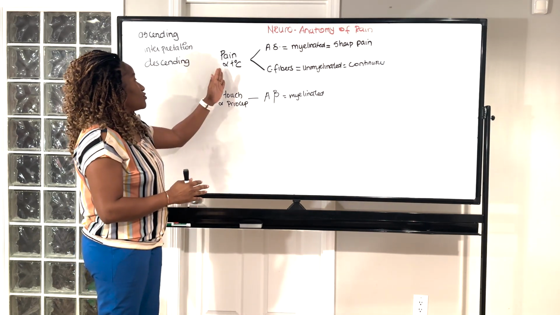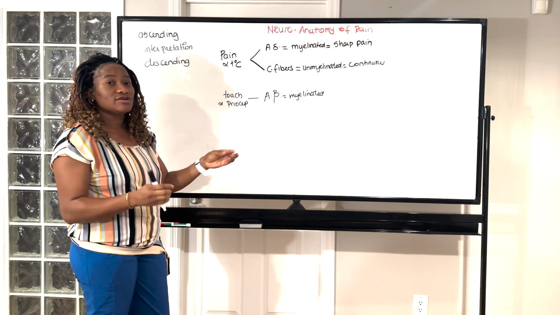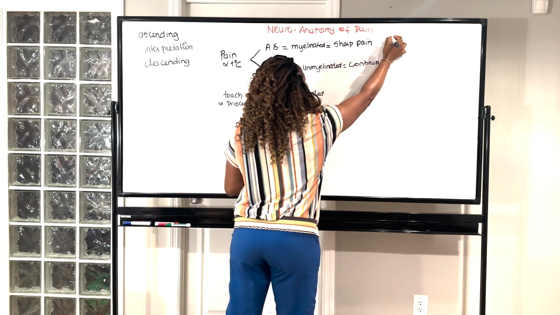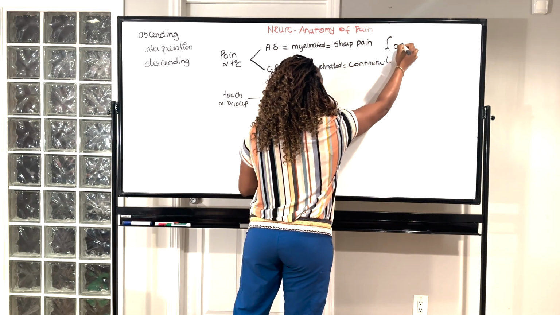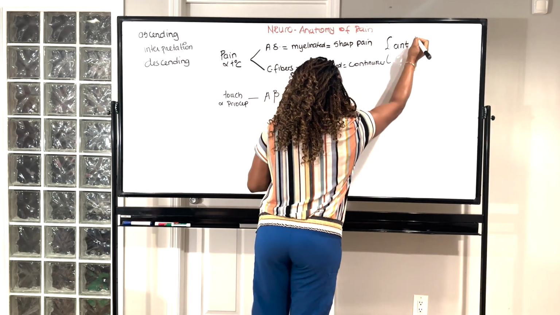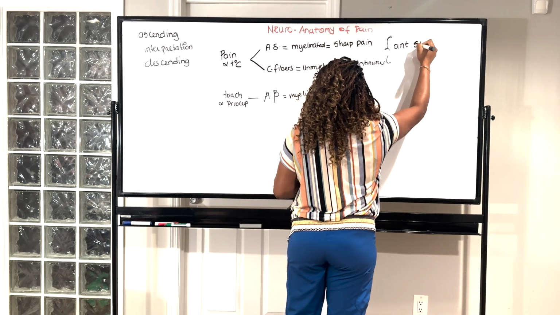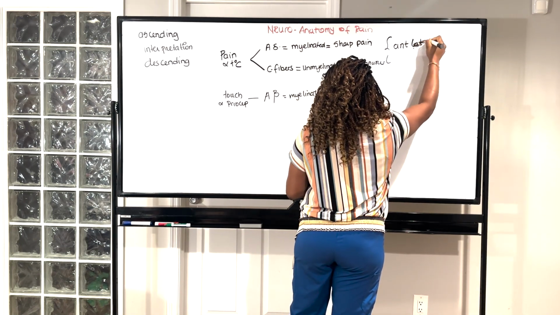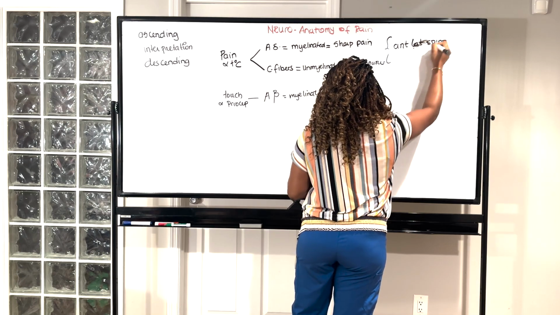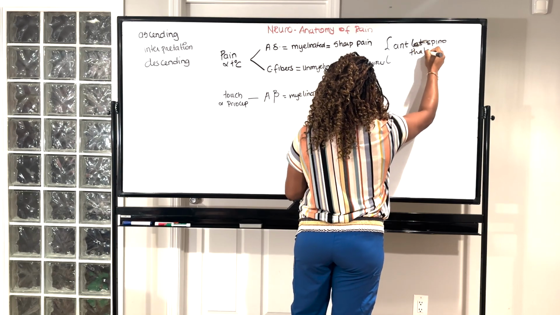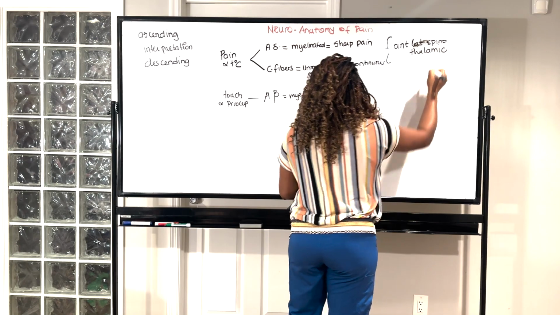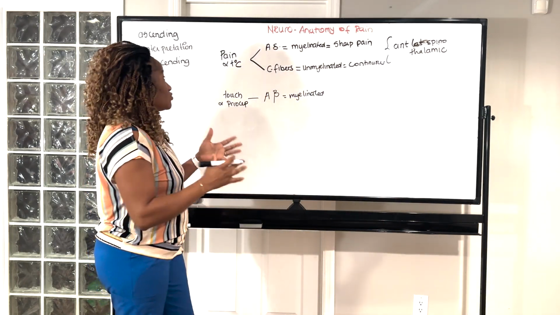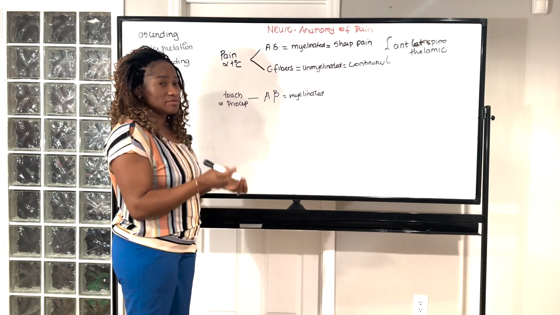So for pain and temperature, they're going to transport the pain through the anterior lateral spinothalamic tract. So the anterior lateral spinothalamic tract conducts the fibers of pain and temperature.